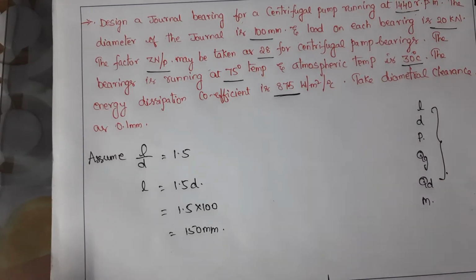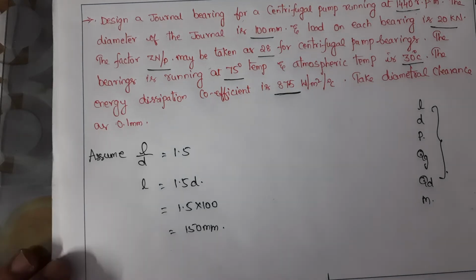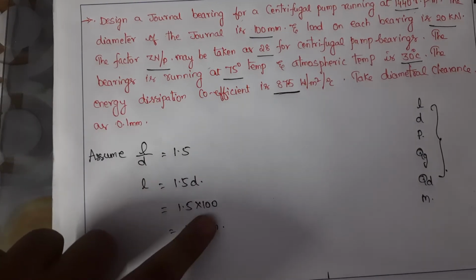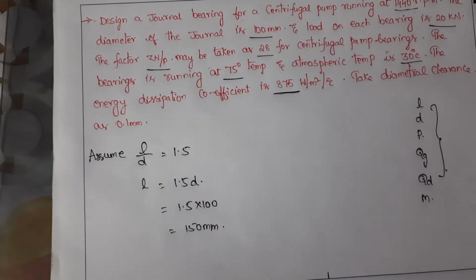This is the length value. So the next step, we need to calculate the bearing pressure. Here the length is there, the diameter is also there. The diameter is 100 mm. Length and diameter, two things are completed.